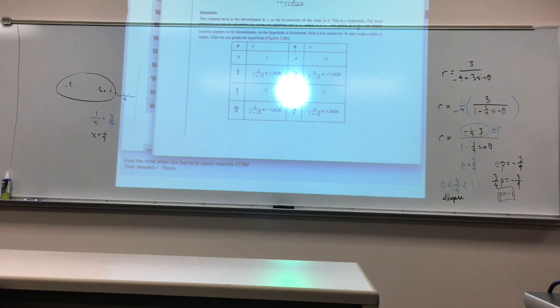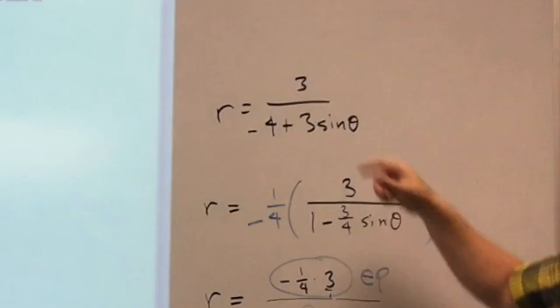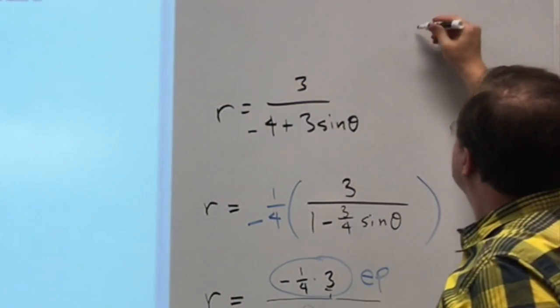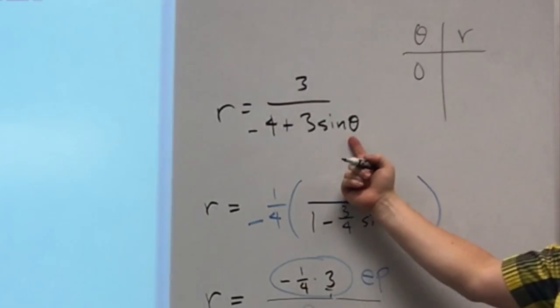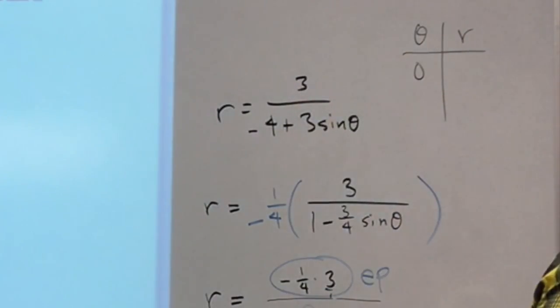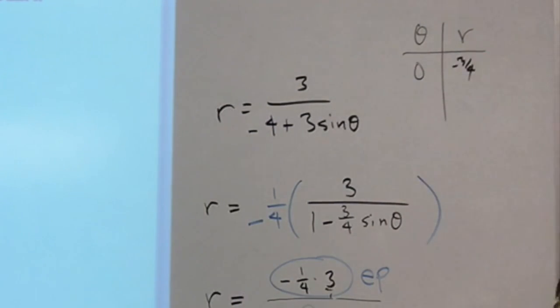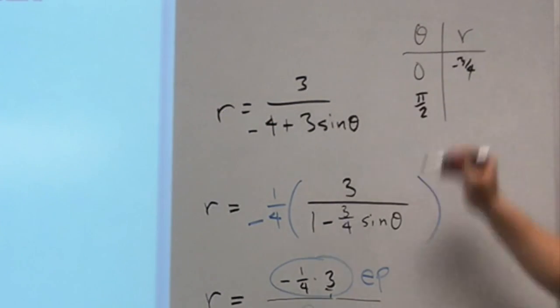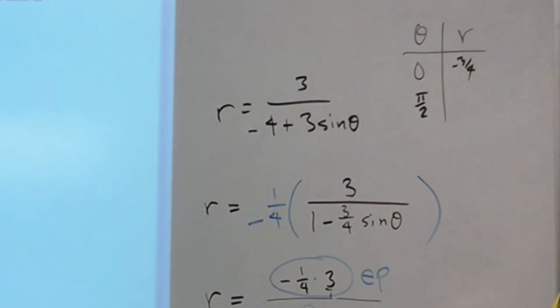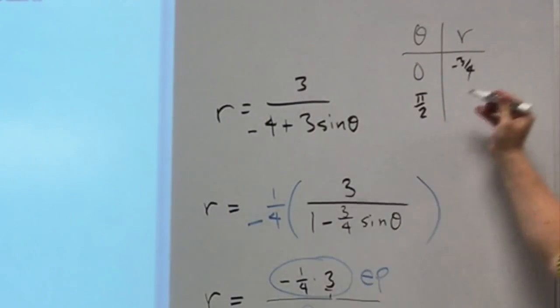So for example, if theta equals 0, then the sine of 0 is 0, and you end up with a negative 3/4 for r. But if theta equals pi over 2, let's say, then the sine of pi over 2 would be 1, so that would be negative 1 on the bottom, so negative 3.